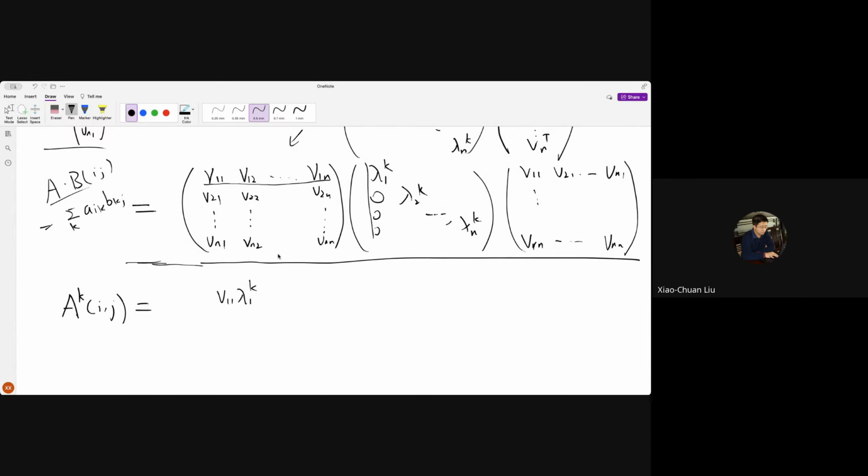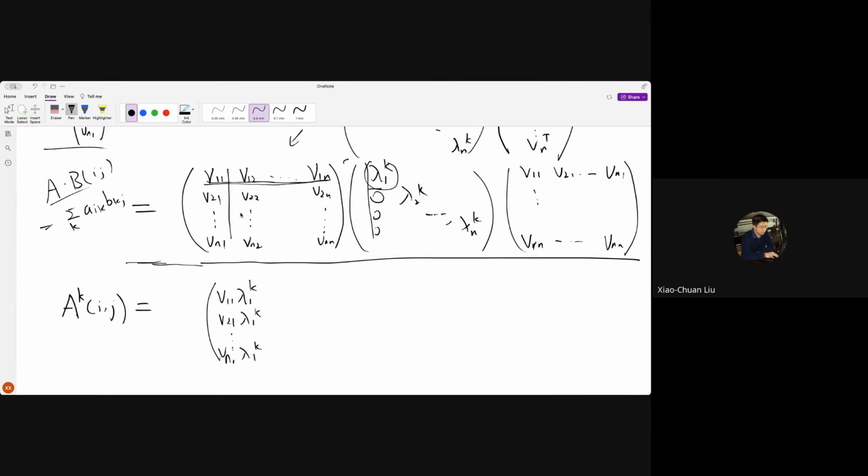1k, the first coordinate, and then okay, so you have v2 lambda 1k like this. We n1 lambda 1k. Okay, and so basically every column here will be multiplied by lambda 1 to the power k.